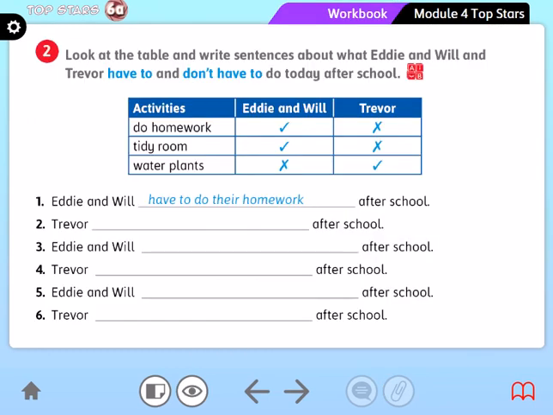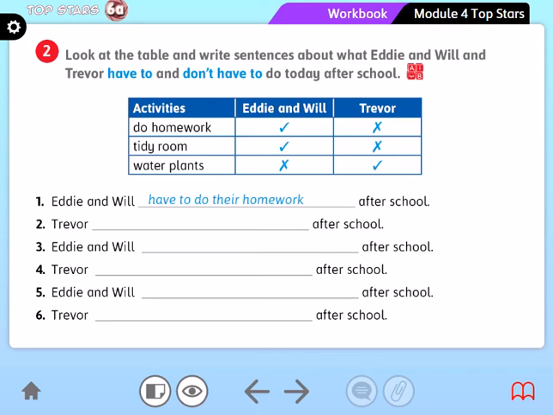Now, let's go to our workbook. Page 37, Activity 2. Look at the table and write sentences about what Eddie and Will and Trevor have to and don't have to do today after school. Here we have a table of activities: do homework, tidy room, water plants.